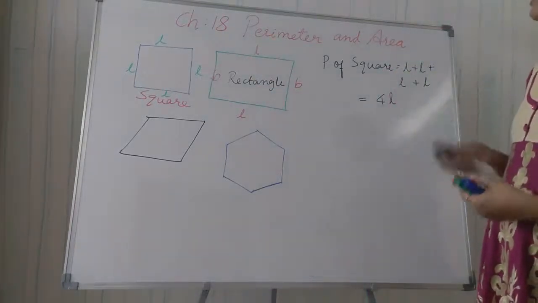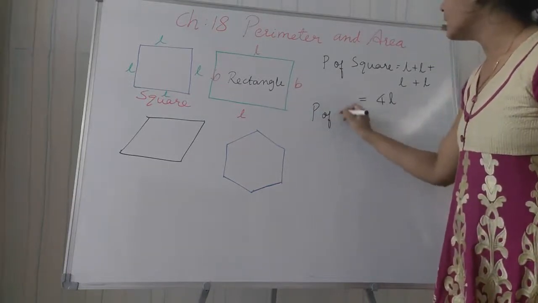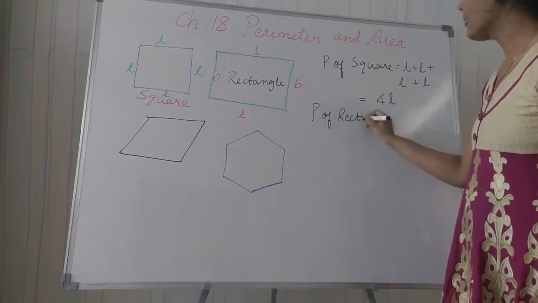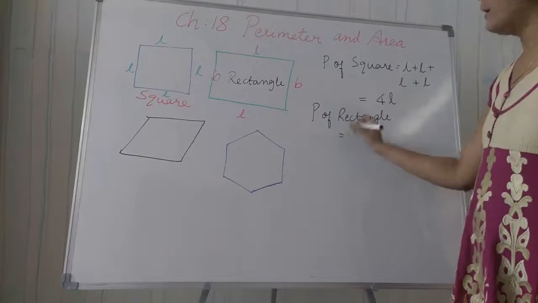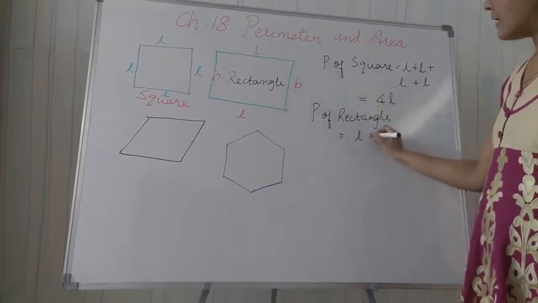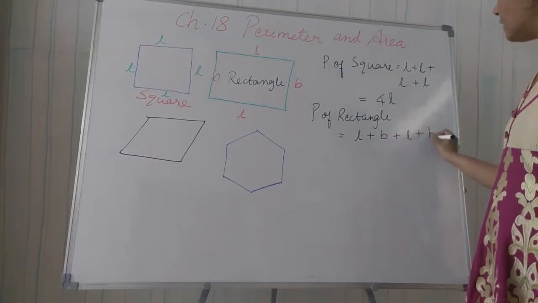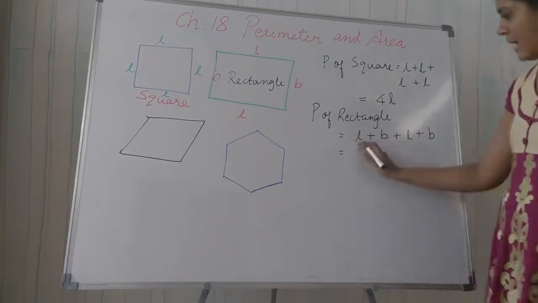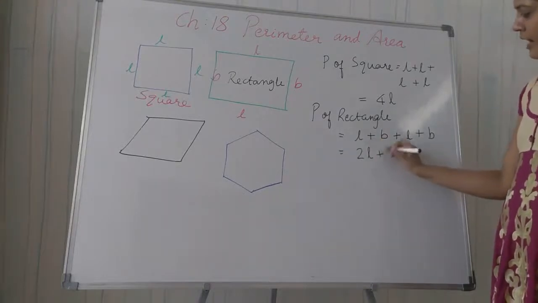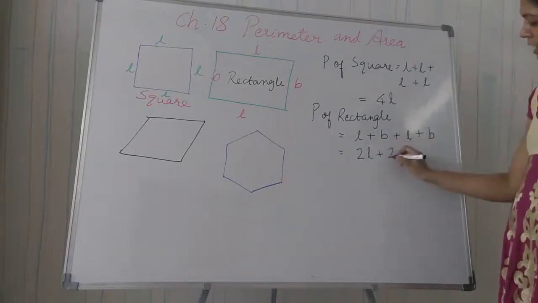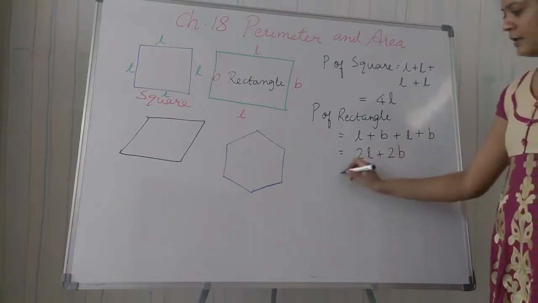So we write the formula for the perimeter of the rectangle. For that, we have to add all 4 sides, L plus B plus L plus B. You see here L and L 2 times, so I can write 2L, and B plus B also 2 times, so 2B. So this is our formula.